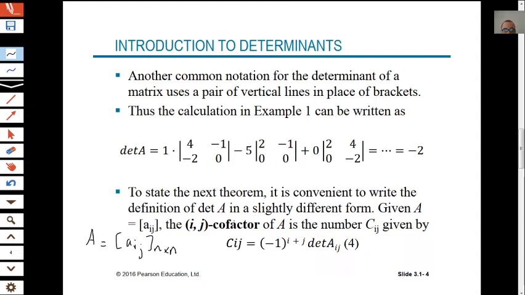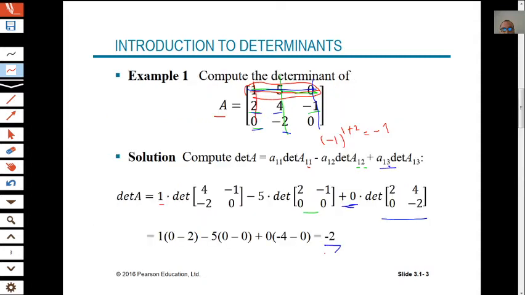Determinants are defined for square matrices. So the ij cofactor of the matrix A is the number bigger Cij, given by Cij equals minus 1 to the power of i plus j determinant Aij.